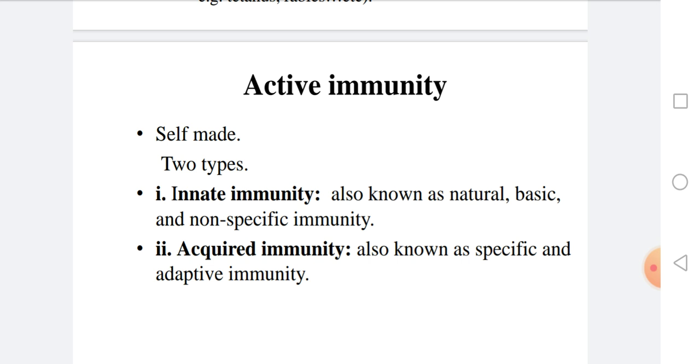It is also known as specific and adaptive. I would like to mention here that the innate immunity is non-specific in function. It protects the body against a wide range of different antigens, while the acquired immunity is specific. Each component is specified against a specific antigen.